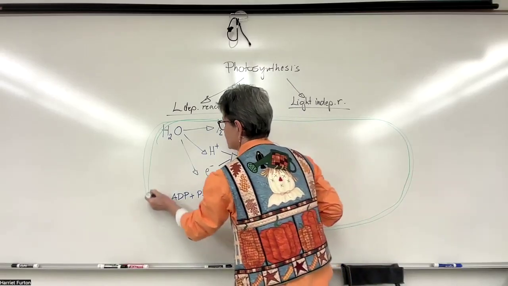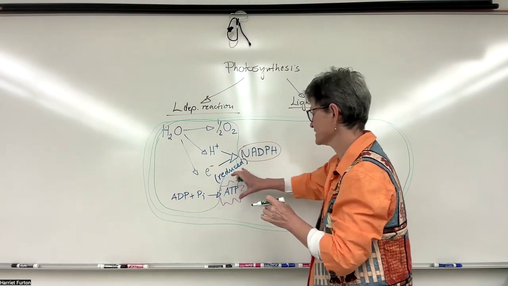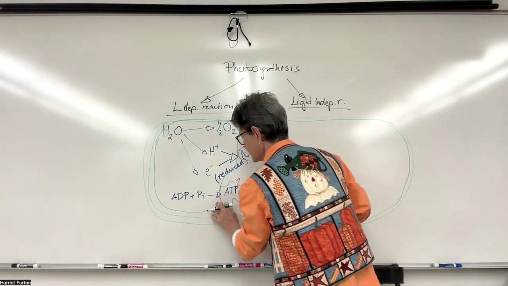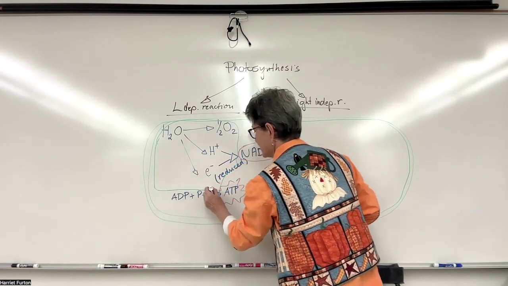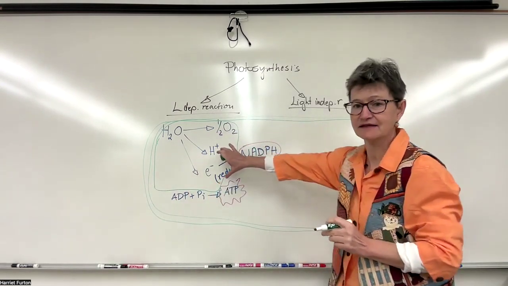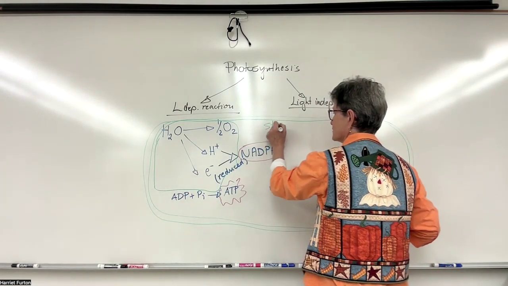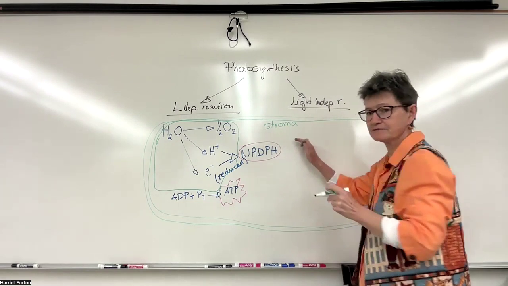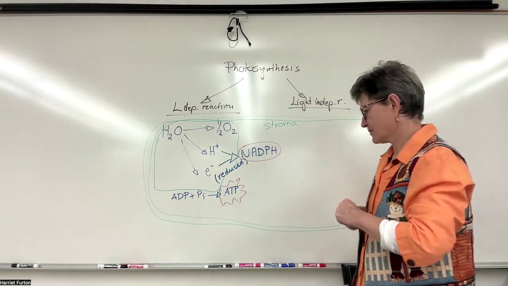Oops. This was in the thylakoid membrane, recall this. Not really the ADP, this was outside. Okay, something like this in the thylakoid, and we are in the stroma now. Inside, still in the chloroplast.